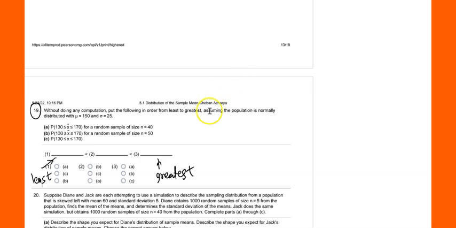Remember that these all are probabilities. Okay, these all are the probability of X bar in between 130 and 170, and same thing for B, same thing for C. But what's the difference here is, in the first case, the random sample is of size 40, the second has sample size 50, and the third sample size is 1.